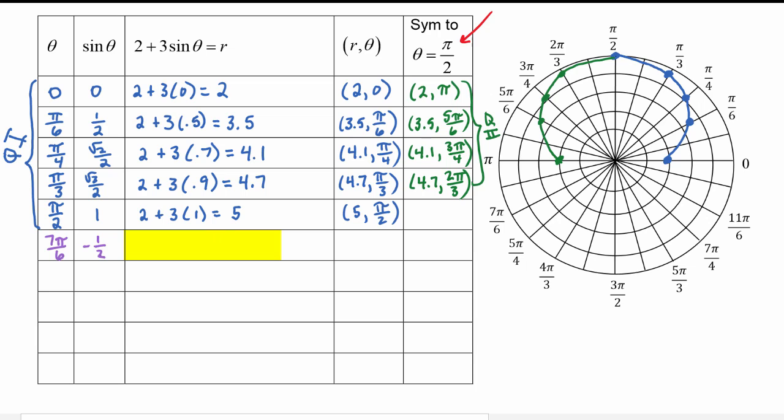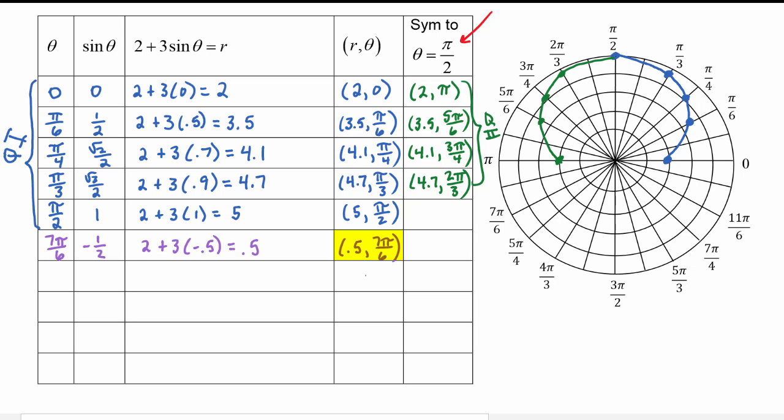So when we figure out r, we will do 2 plus 3 times negative 0.5. So this becomes 2 minus 1.5, which is 0.5. So we will be plotting the point (0.5, 7 pi over 6).